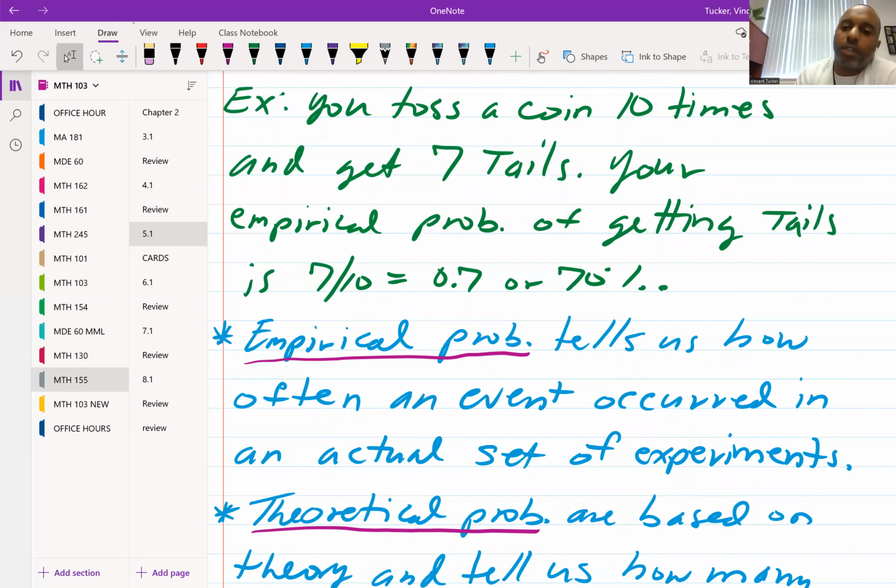So empirical probability tells us how often an event occurred in an actual set of experiments.